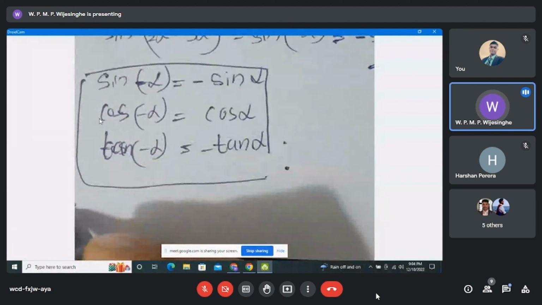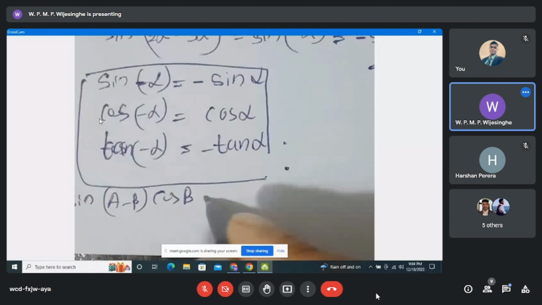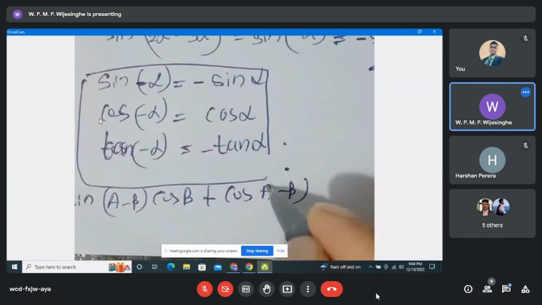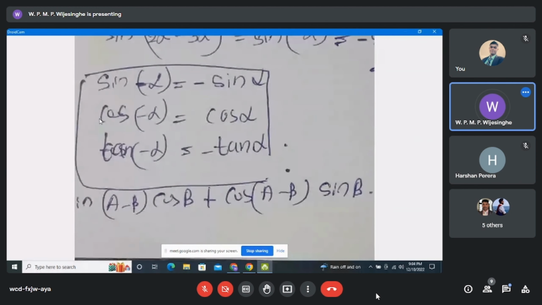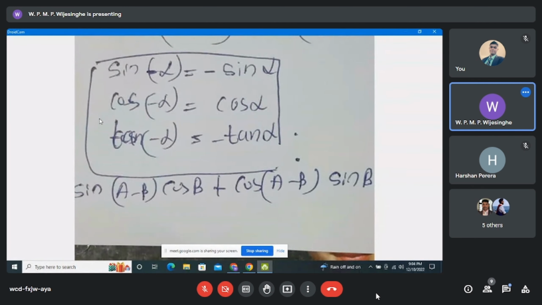Okay, right? Here sin A minus B cos B plus cos A minus B sin B. How to write this?